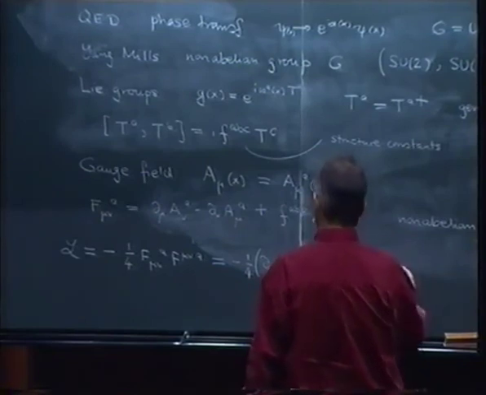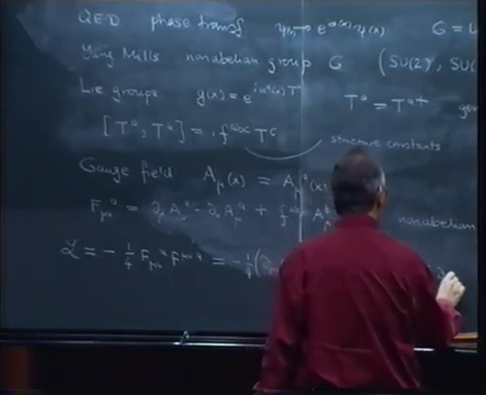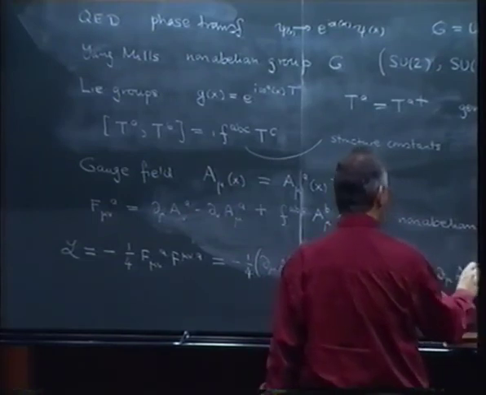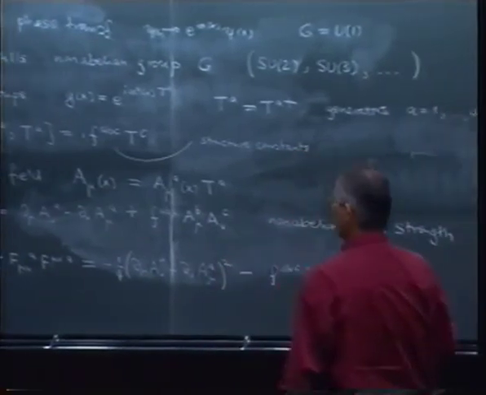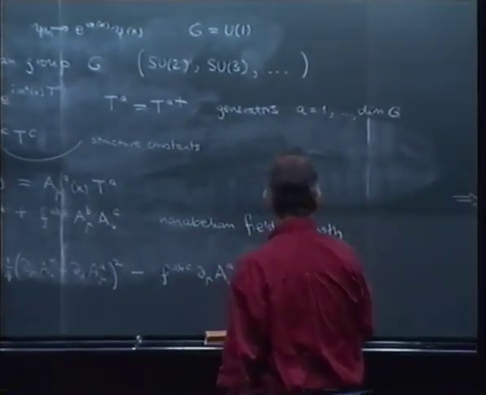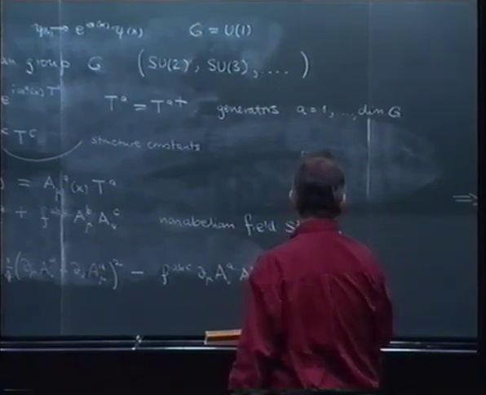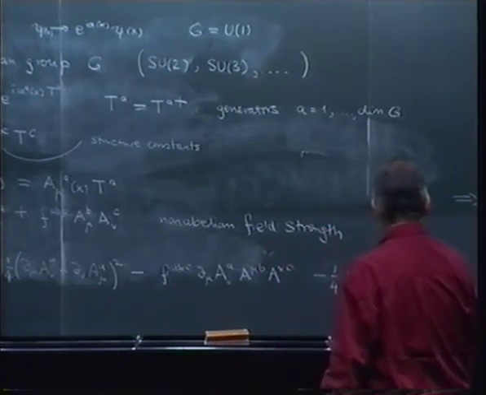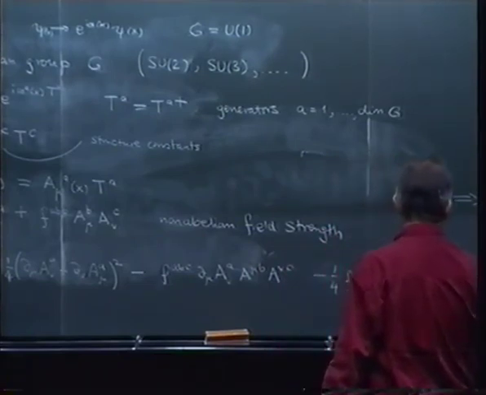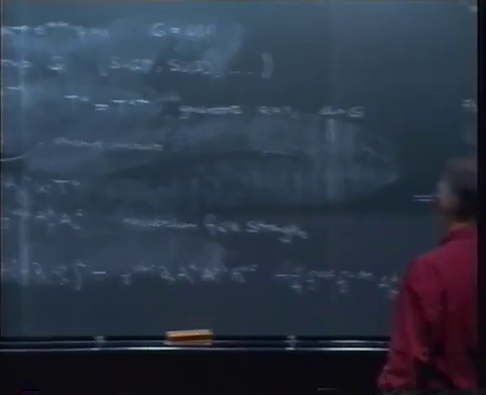minus f_{ABC} ∂_μ A^A_ν A^{μ B} A^{ν C}. And if we square this term, we get minus 1/4 f_{ABC} f_{ADE} A^B_μ A^C_ν A^{μ D} A^{ν E}.